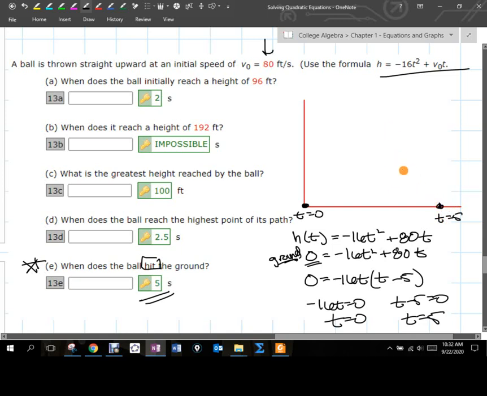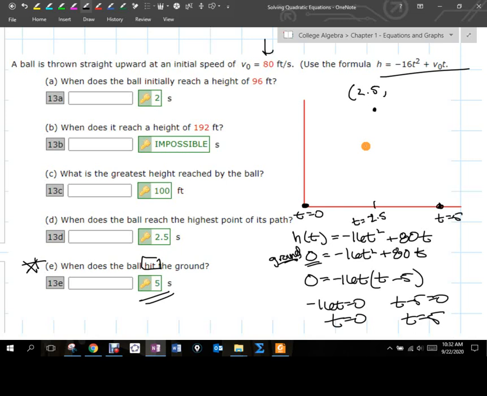Where does the vertex occur here? 2.5, that's the time. And we know the vertex is going to produce the maximum. So the maximum, and we'll talk about this again in chapter 2, but the maximum is not the vertex. Does that make sense? The maximum is the y value of the vertex. Okay? Because it's the largest y value on the graph, by definition.